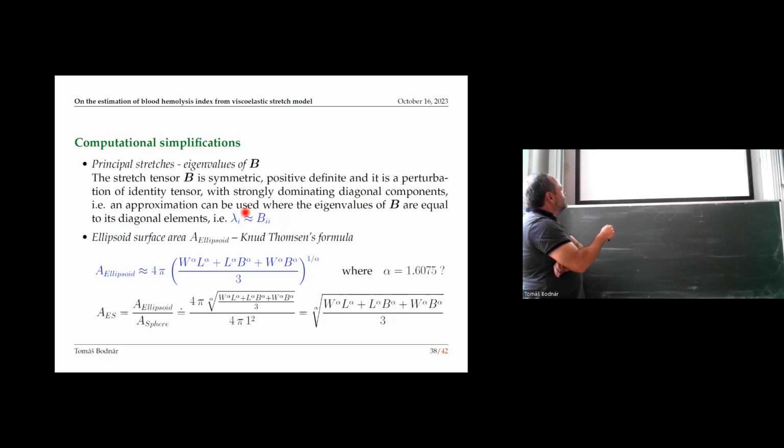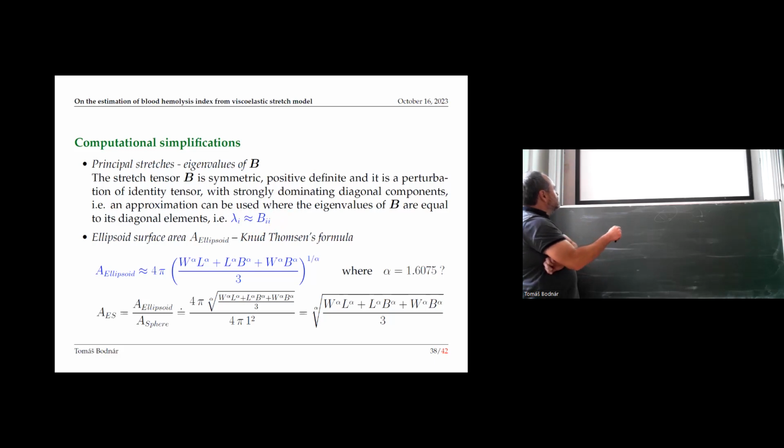So you can theoretically use this approximation instead of solving the roots of a cubic equation at each point. So you will just take your diagonal elements. So this is a big time saver.